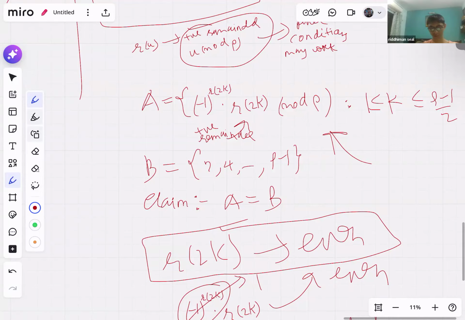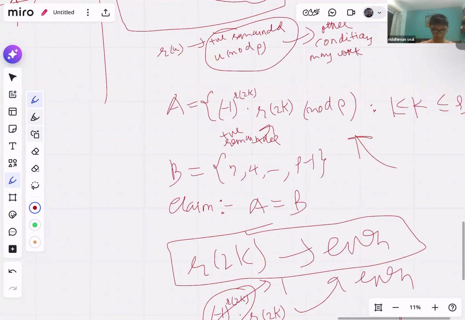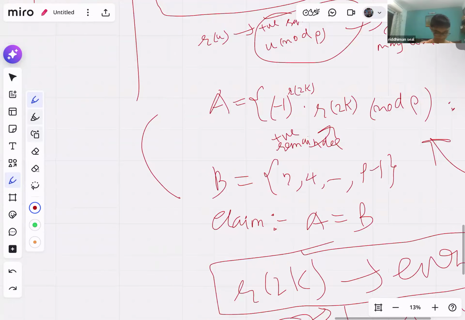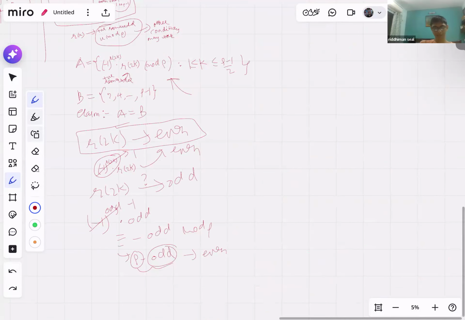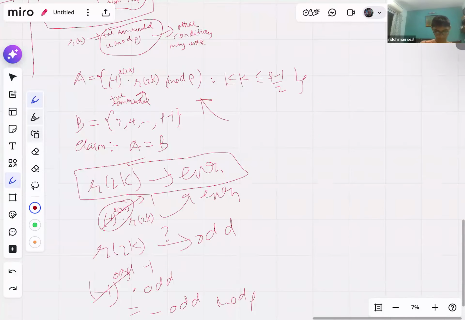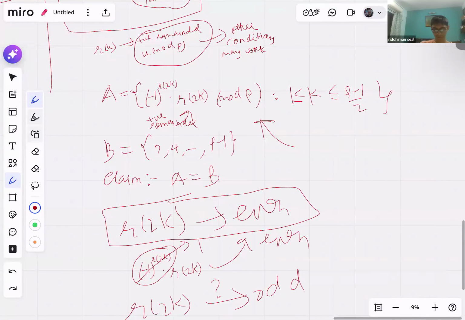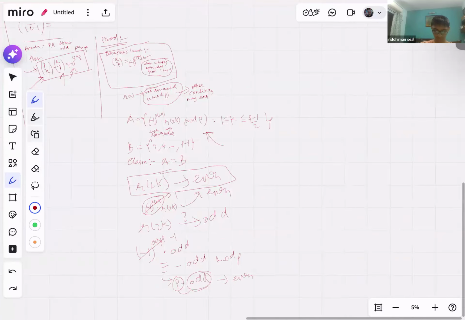All we need to show is that any two elements are distinct, and then that would imply that the sets are equal. So how do we do that? This is the easy part. Now we don't really care about this minus 1 thing.